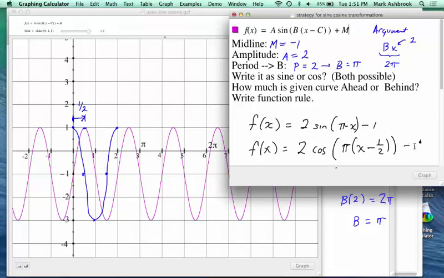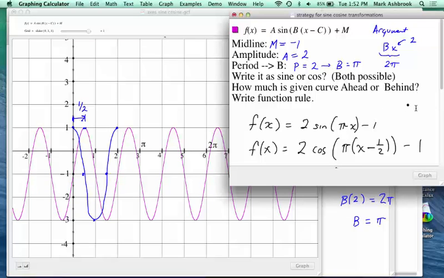And then the midline is the same. Did you catch it? Does it make sense? So our graph's cycle starts 1/2 unit after, so its argument angle is lagging behind a normal cosine by 1/2. Make sure you get that in the parentheses, okay?